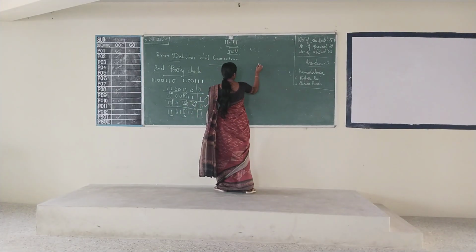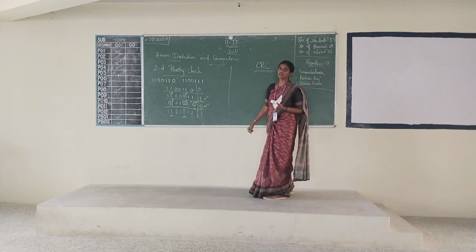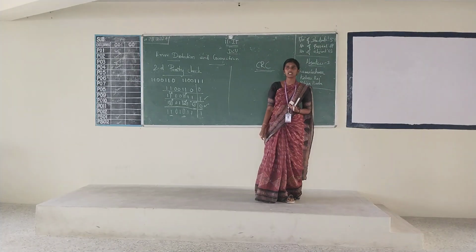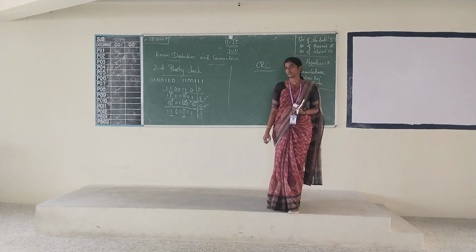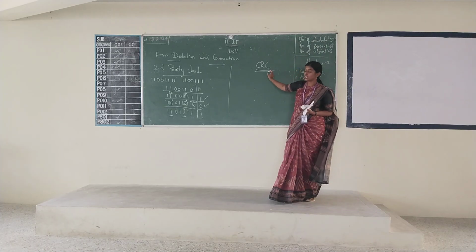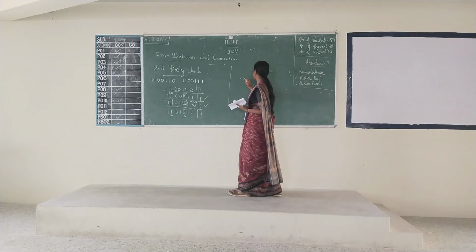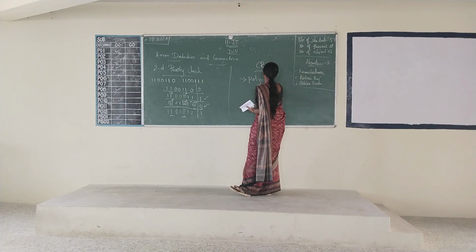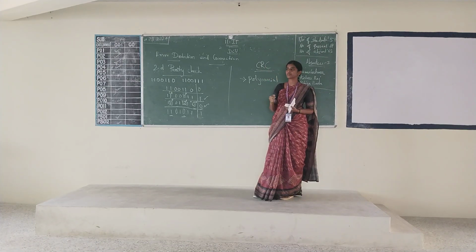So to overcome all these drawbacks of parity checks, we use CRC, which is going to be cyclic redundancy check. CRC is called as cyclic redundancy check. Here the factor we use is polynomial. Cyclic redundancy check.